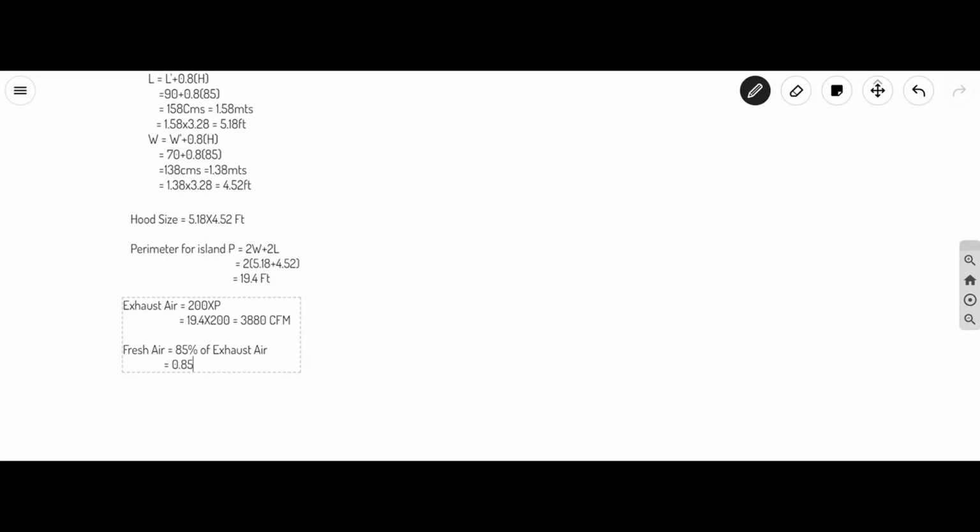How much will you get? 3298, approximately 3300 CFM. See here, if you notice, we are supplying less fresh air and we are exhausting more.